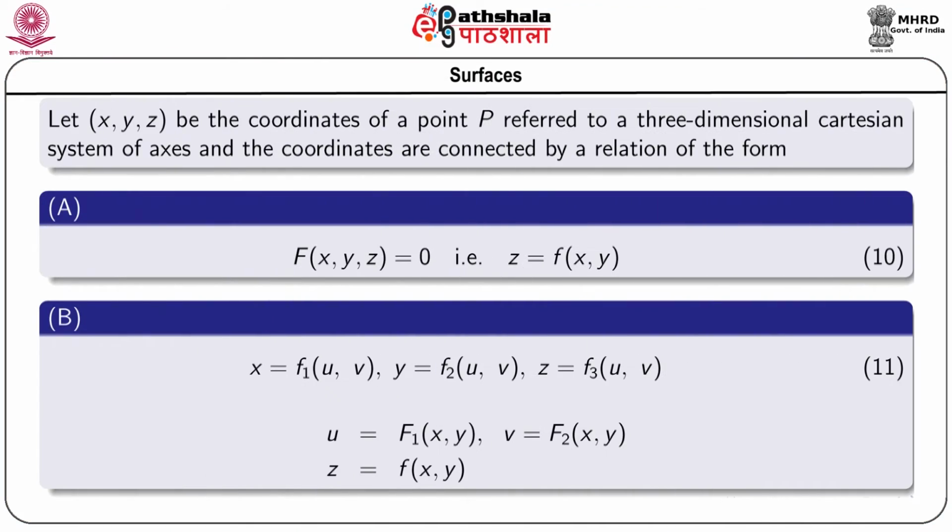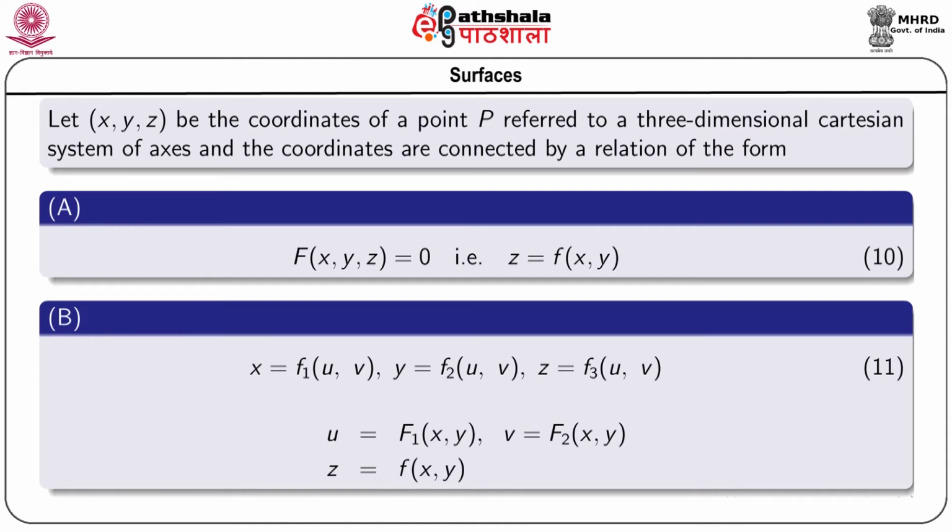First, we shall discuss the equation of a surface in 3 dimensional space. Let x, y, z be the coordinates of a point P referred to a 3 dimensional Cartesian system of axes, and the coordinates are connected by a relation of the form given in equation 10.